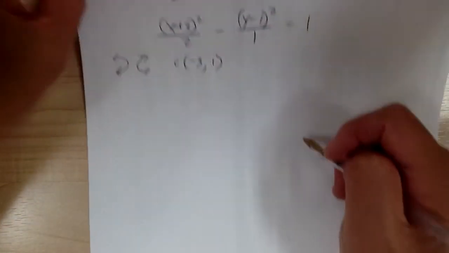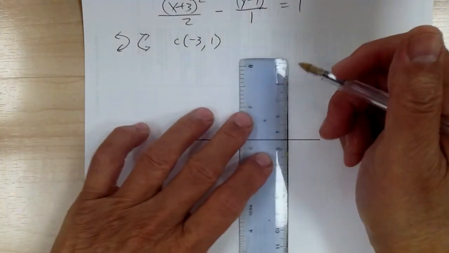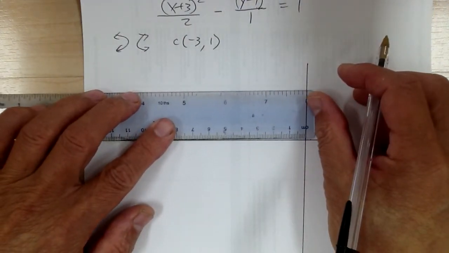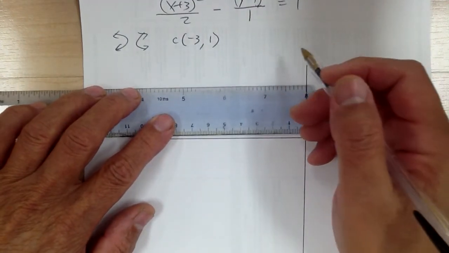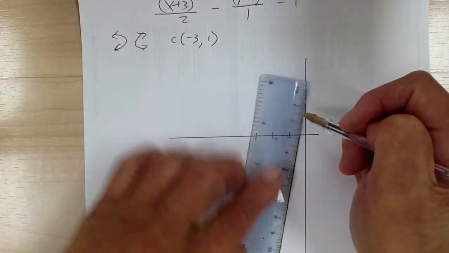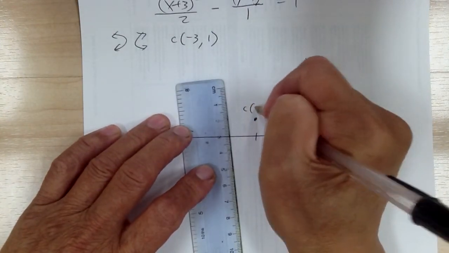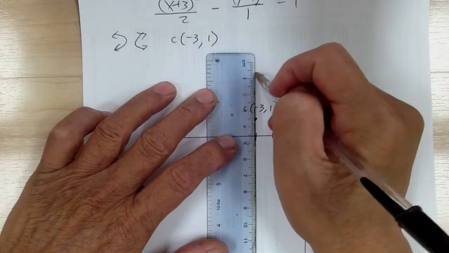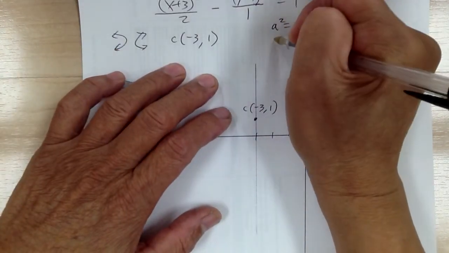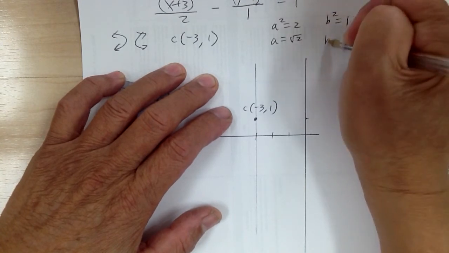Okay, so let's go and sketch these things out. So I'm going to make the graph kind of big. So negative 3, 1. So that's the center at negative 3, comma 1. And from here, okay, so a squared equal to 2, so a equal to square root of 2, so this is about 1.4, and b squared equal to 1, so b equal to 1.